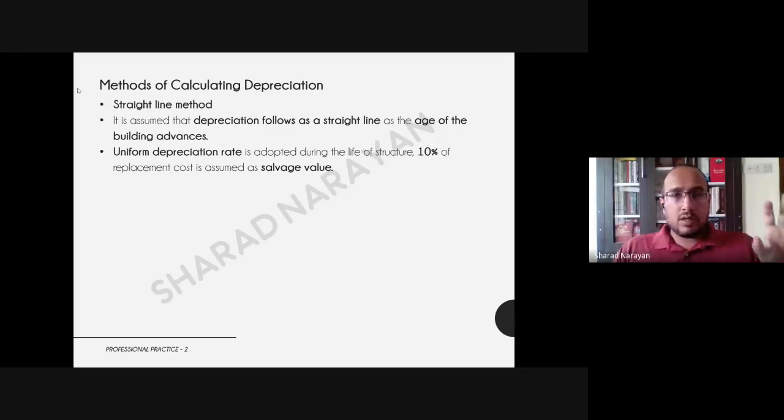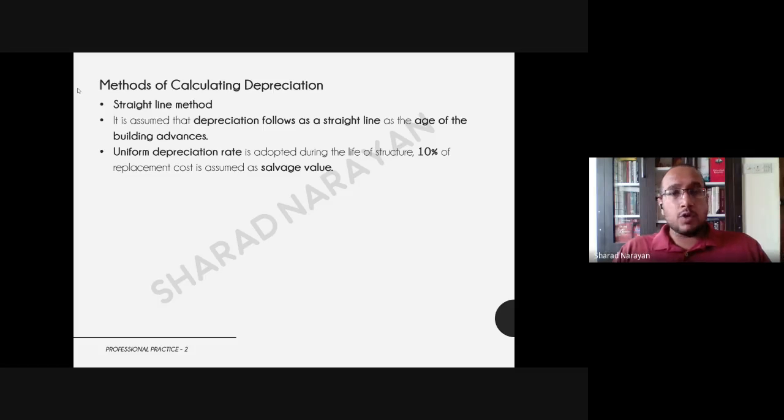But when we are considering replacement cost, we consider the amount it took to replace the building. So let's say in 2010 I paid 15 lakhs for constructing a building. In the year 2020, it can be assumed that the same construction will take 30 lakhs.